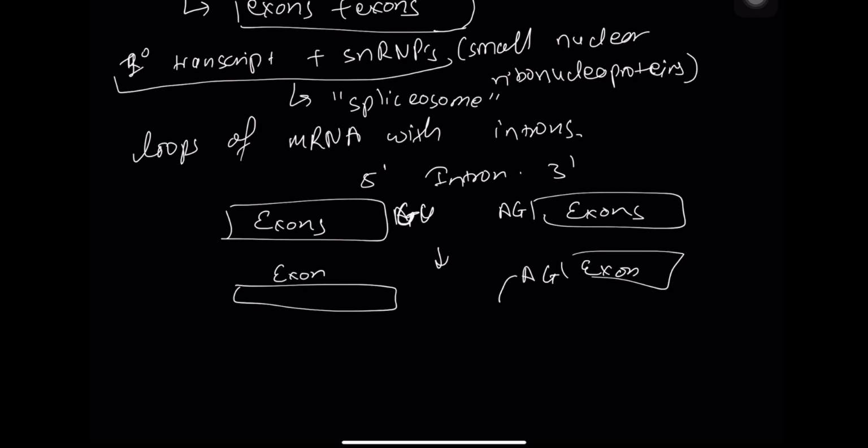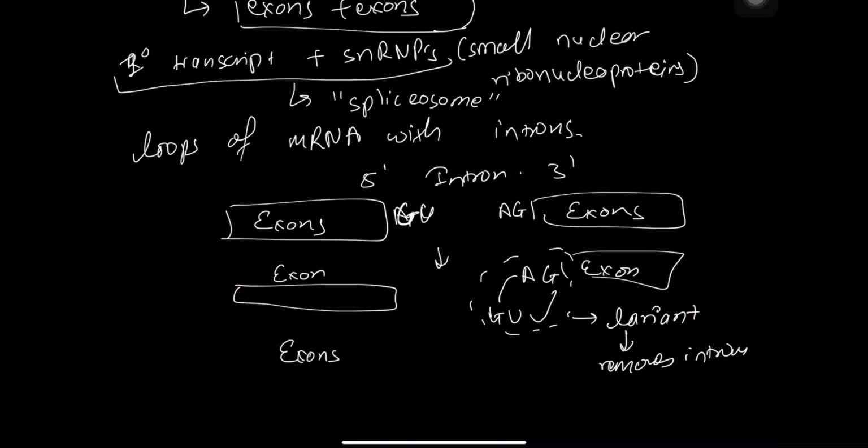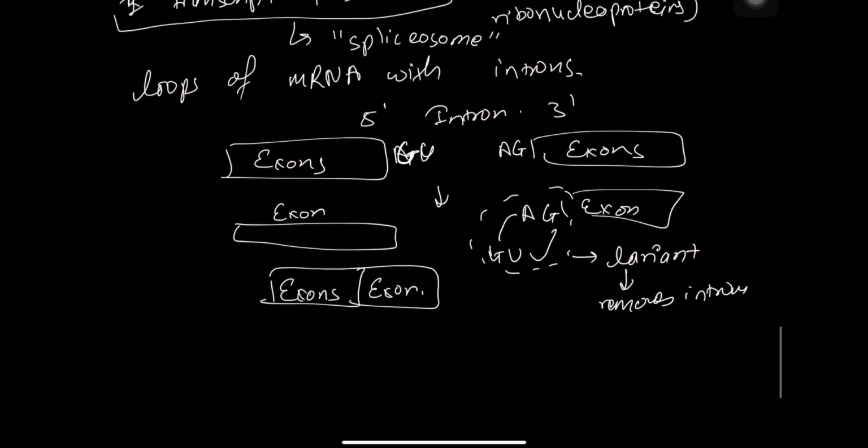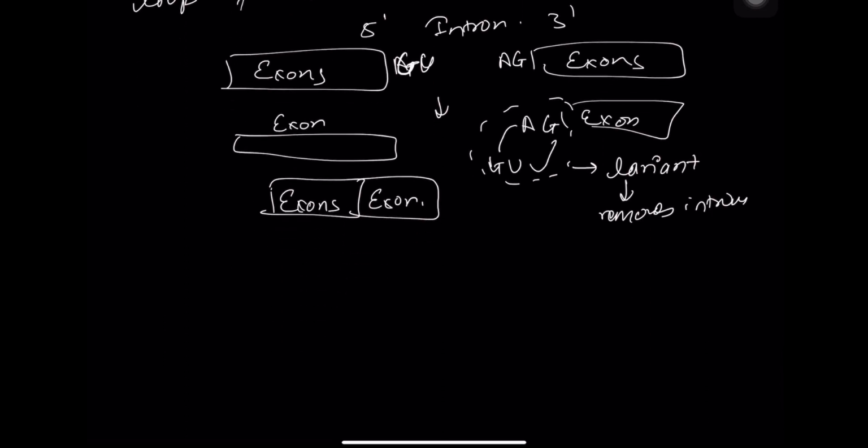Like this it will loop around, and this looping part is known as the lariat. Now this lariat will be released and the introns removed, so that one exon will join with another exon. Now this can come out from the nucleus to the cytosol, and our mRNA is formed.